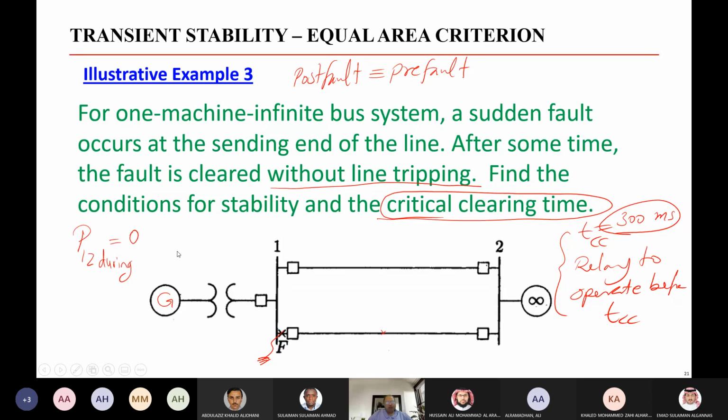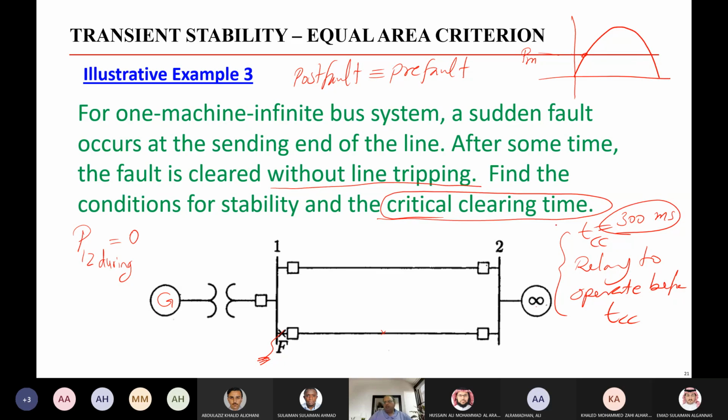So how do we now construct the power-delta curve and the acceleration and deceleration areas? How can we construct this for this simple problem? The machine operates here, and we will utilize this line as the mechanical power.